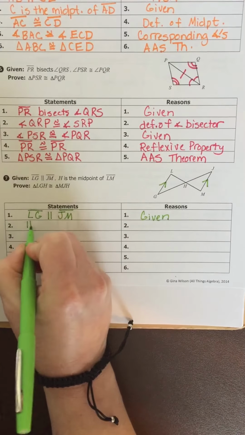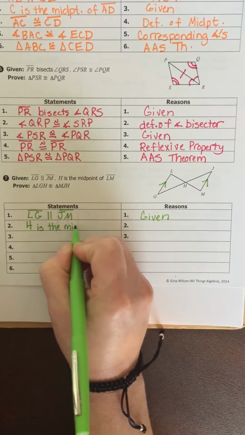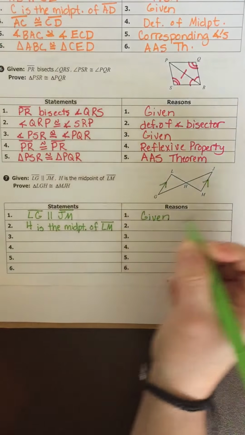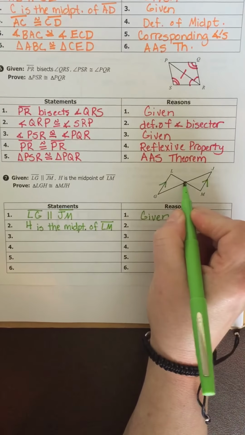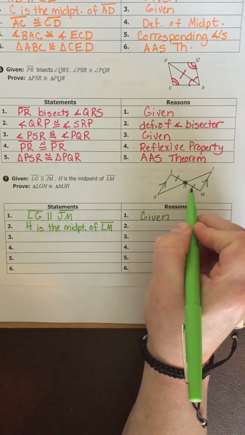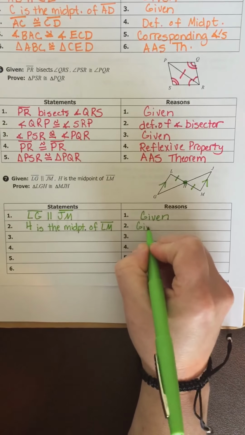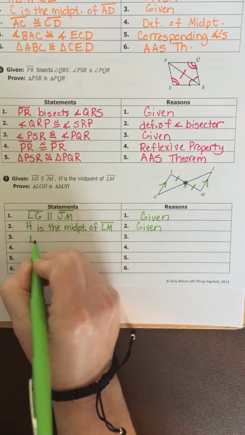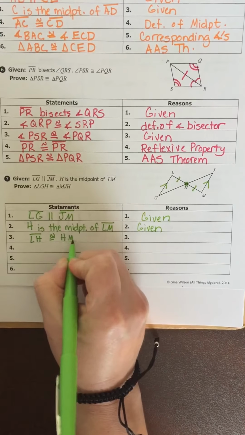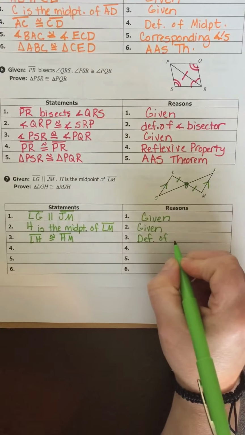All right, we have H is the midpoint of LM. So here is LM, here's H in the middle. This is the middle. I know that this distance is the same as this, and these two segments are congruent. So I know LH is congruent to HM, and that is the definition of a midpoint.